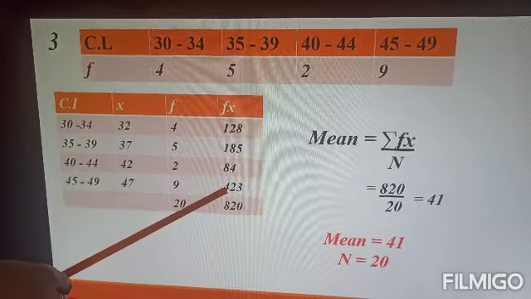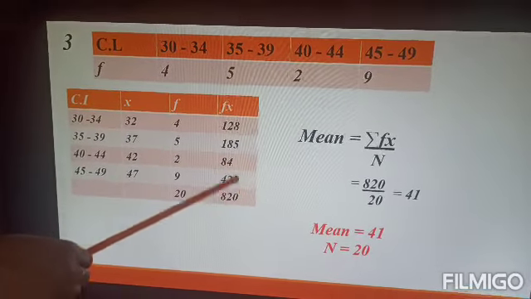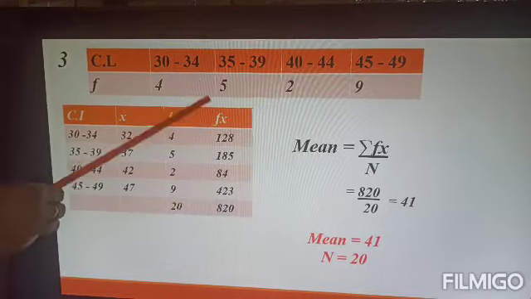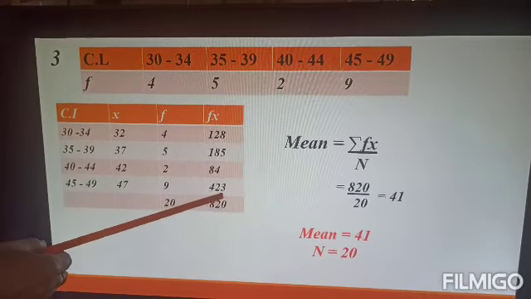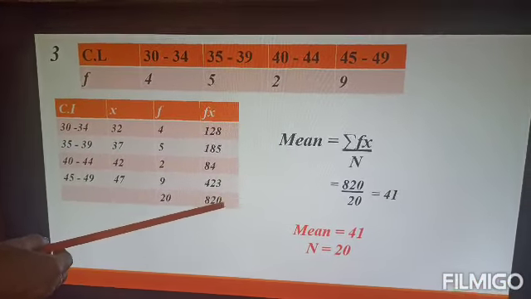We got 423 for the last row. Now I have to add this fx column, that will get to 820.